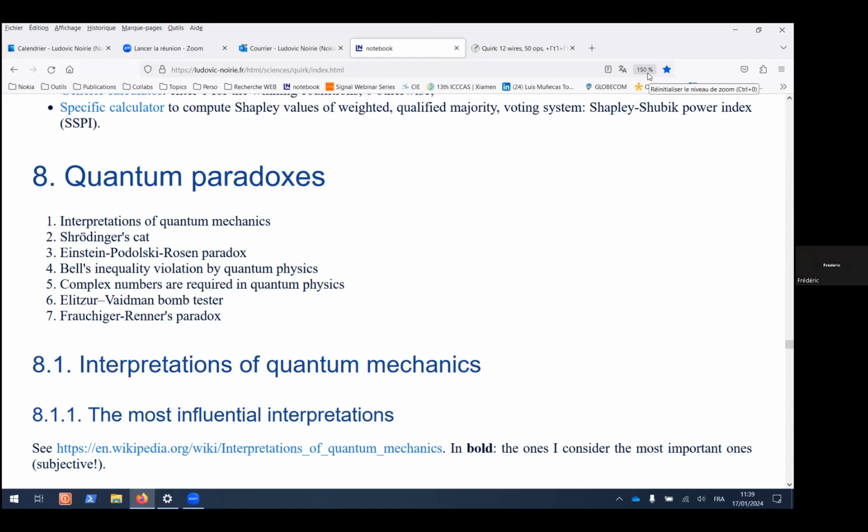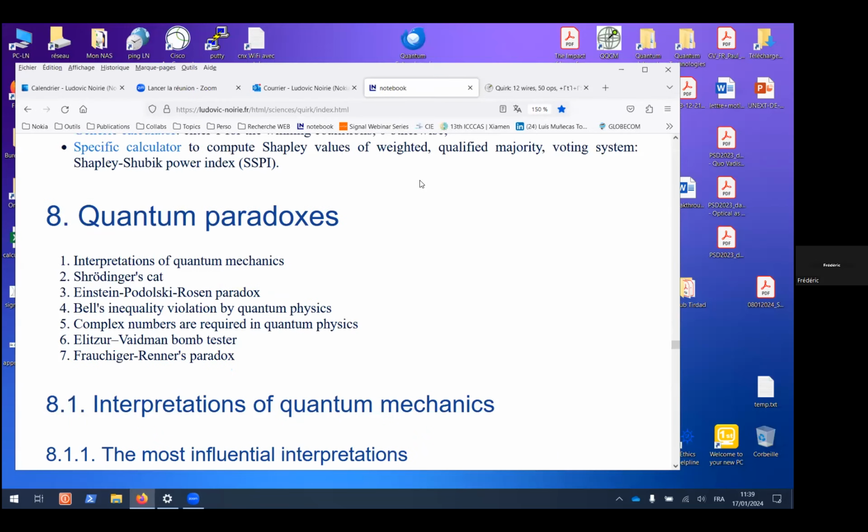Just a small question about the quantum paradoxes, because you said it's next week you will experiment about this. Will it be the same, or different? I will use the same document. It was planned to present section 8 in my document next week.